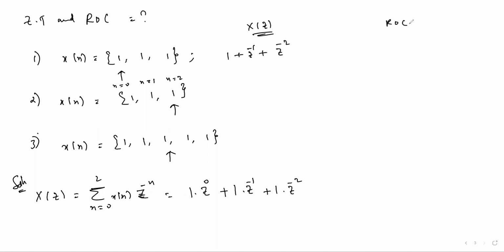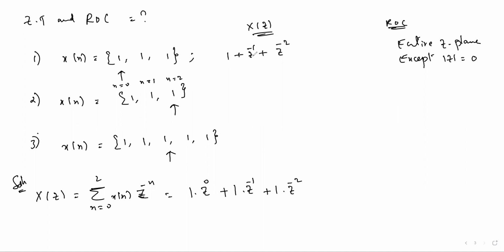And ROC, from the properties of the ROC, we know that for a finite time duration sequence, the entire z plane is the ROC. If it is right side, except mod z is 0. Why except mod z is equal to 0?